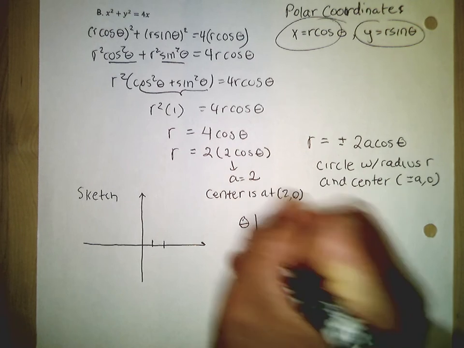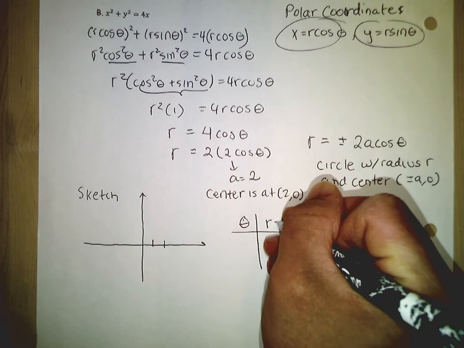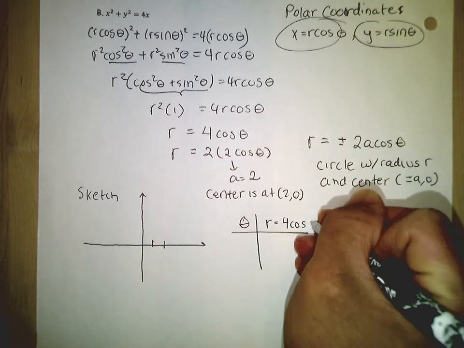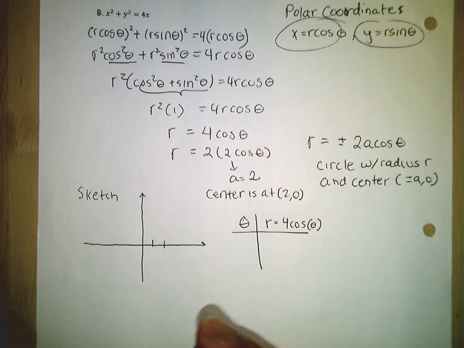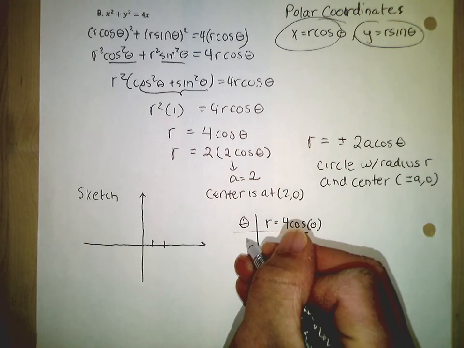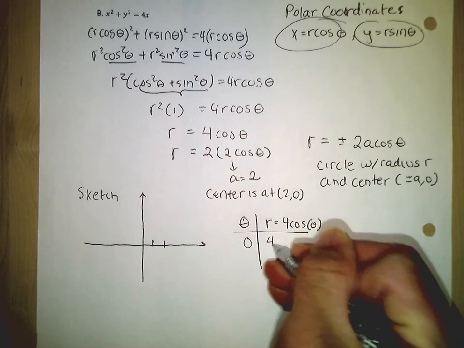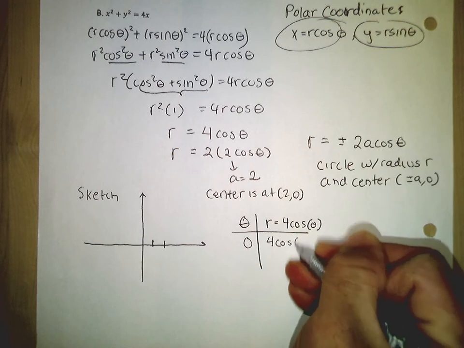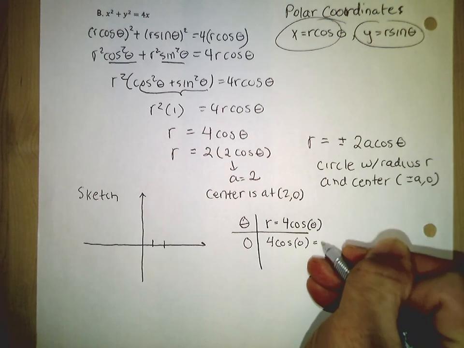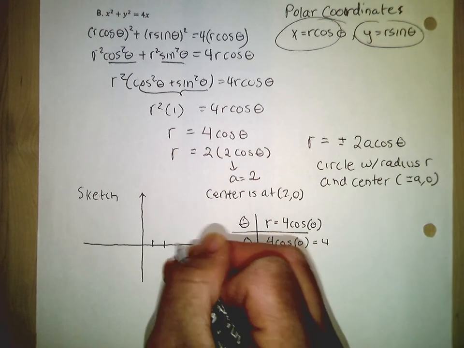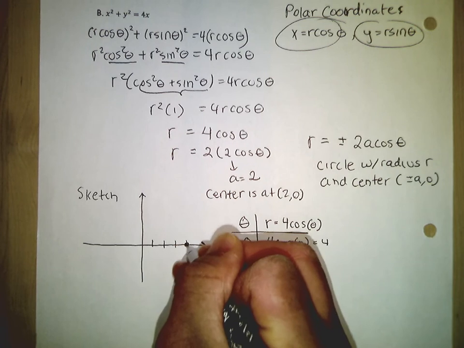So here we go. r is 4 cosine of theta. If theta is 0, then 4 cosine of 0 will be 4. So there's a point right here.